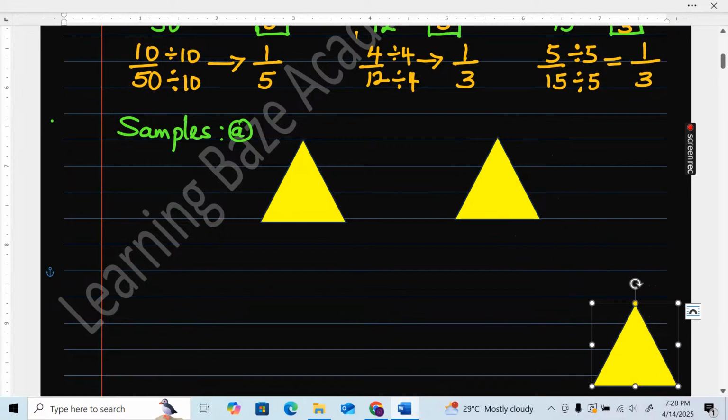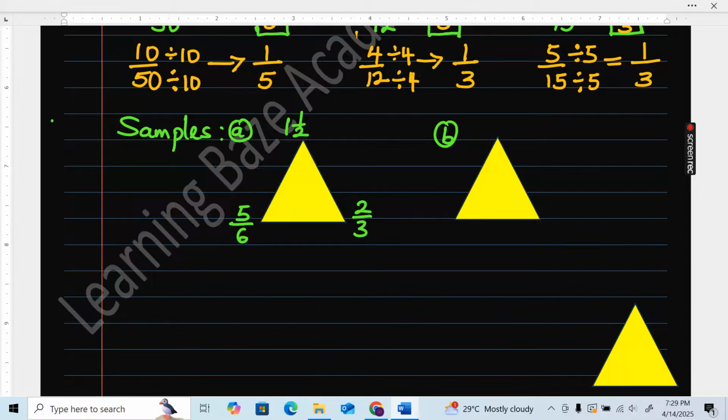Okay, so I have the first sample and I'm also going to have the second sample right here. In the first sample, we have 1.5 above the triangle. Then on the left side of the triangle, we have 5/6, and on the right side, we have 2/3.